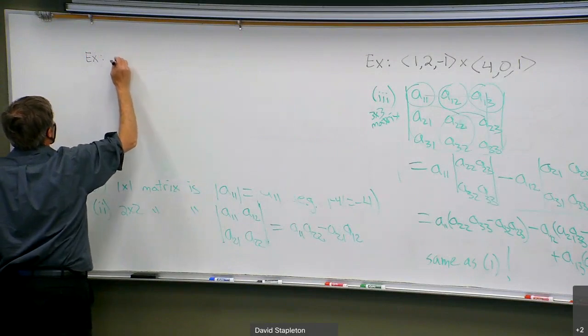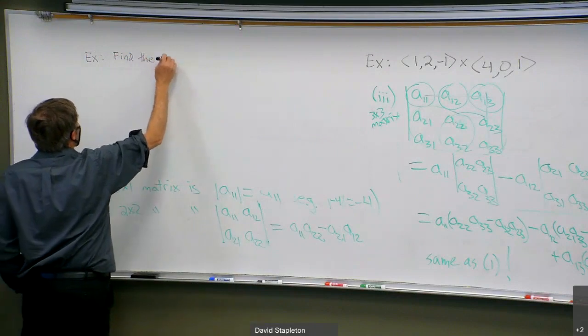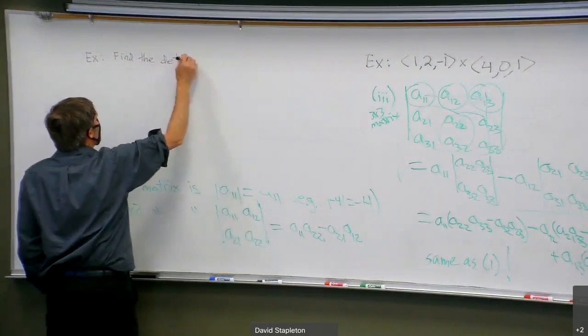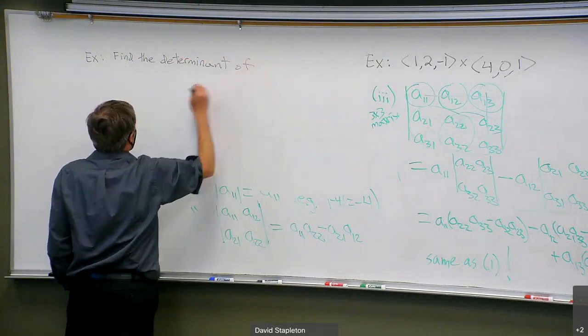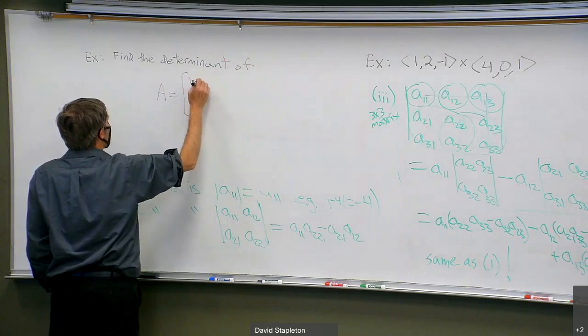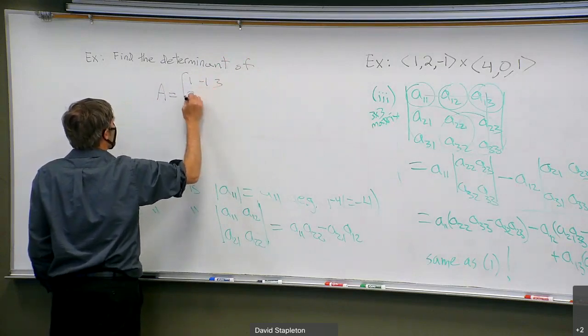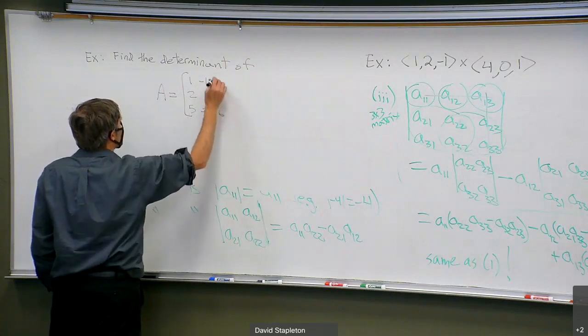What is the determinant of the matrix A with elements 1, minus 1, 3, 2, 1, 4, 5, minus 2, 6?